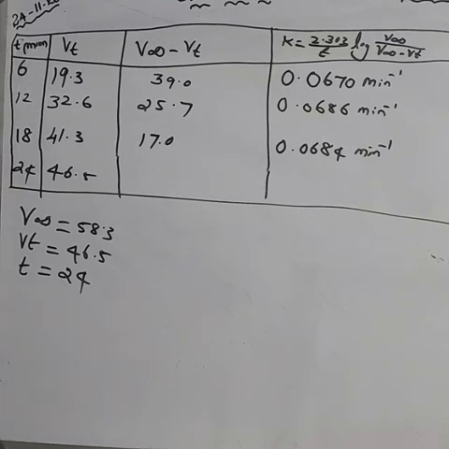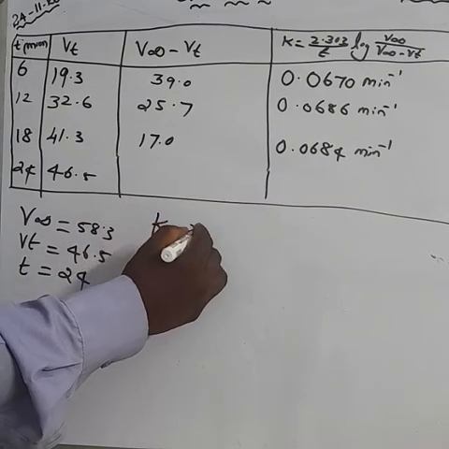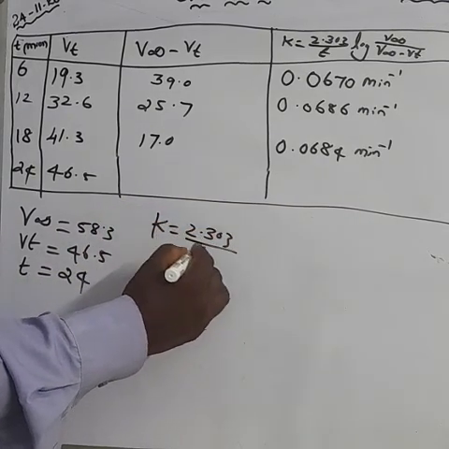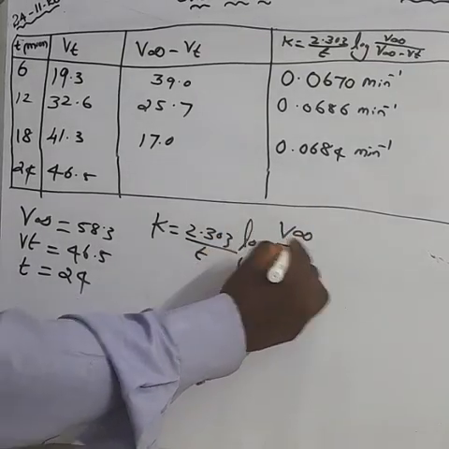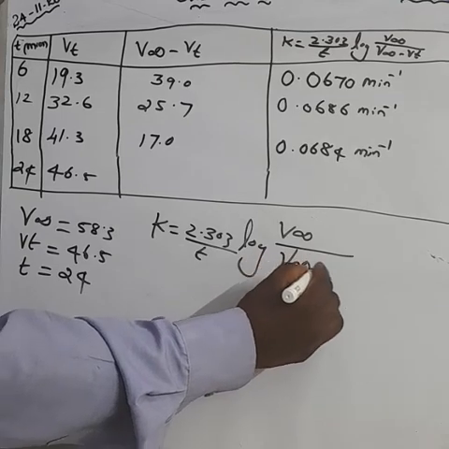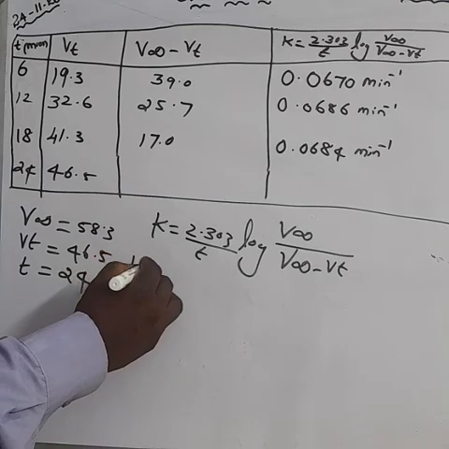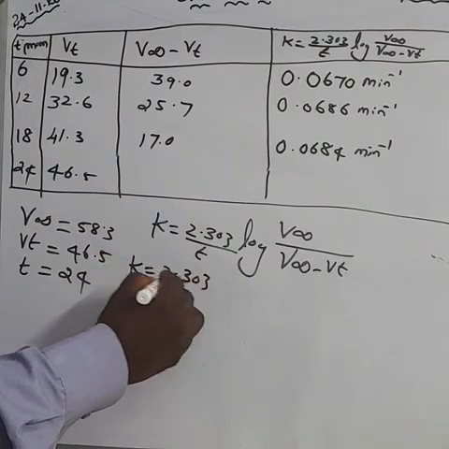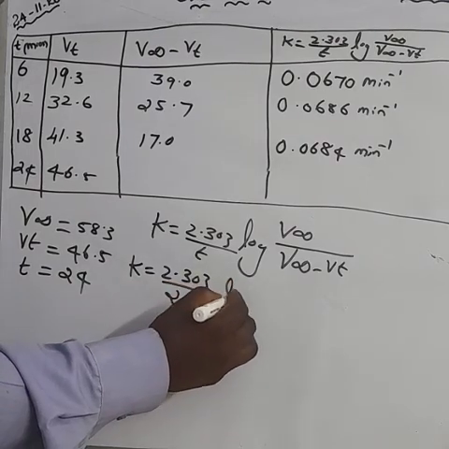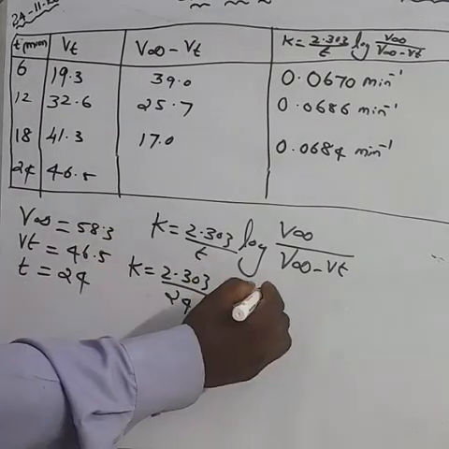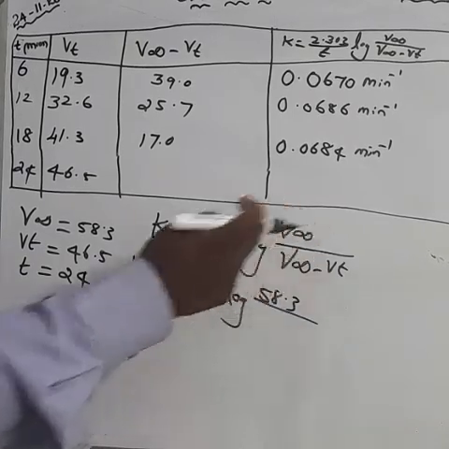Then we substitute these values in the rate constant law, that is k is equal to 2.303 divided by t log of V infinity divided by V infinity minus Vt. We substitute: k is equal to 2.303 divided by time t equal to 24, log of 58.3 divided by V infinity minus Vt.